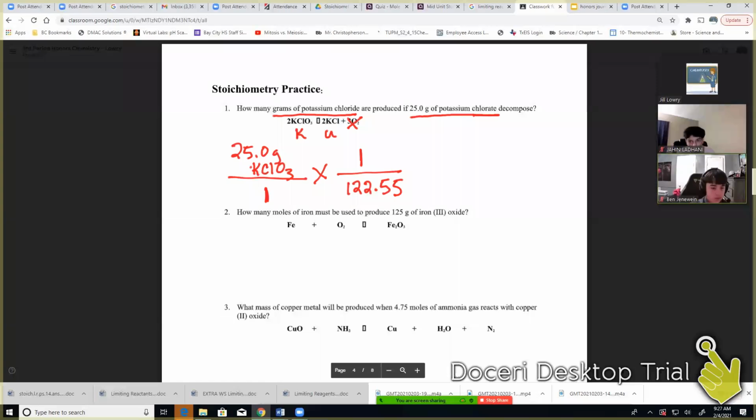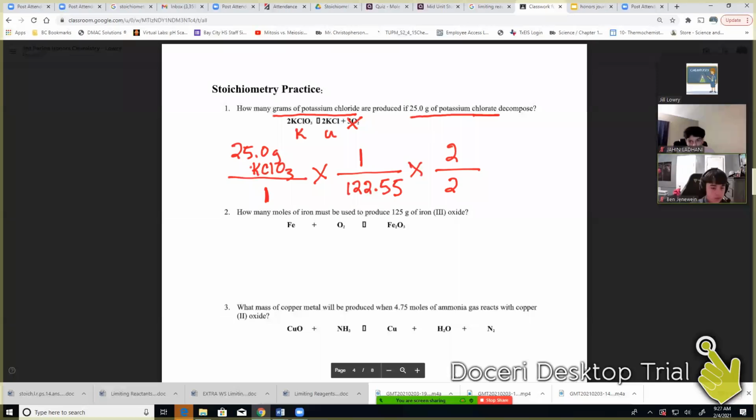So I would know how many moles of my known I had, and I want to go to my next conversion factor. My next box says multiply by the mole ratio with your unknown at the top, so how many moles do I have of my unknown? 2. And your known at the bottom, which I also happen to have 2.